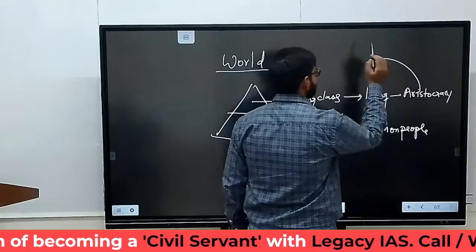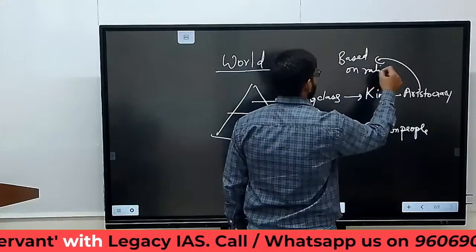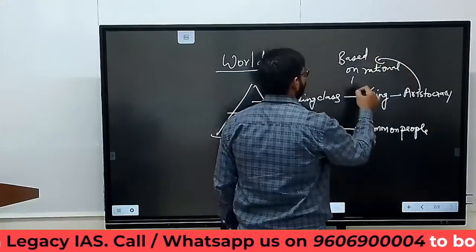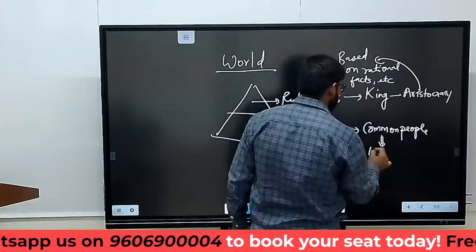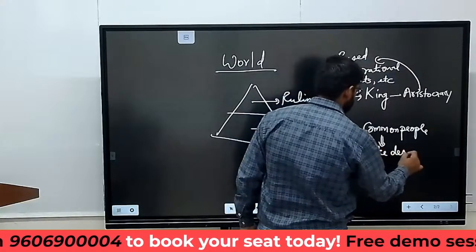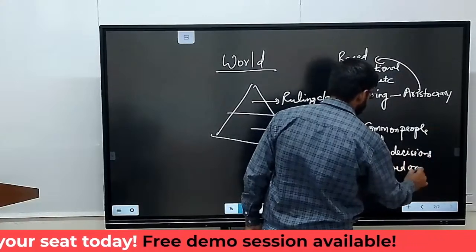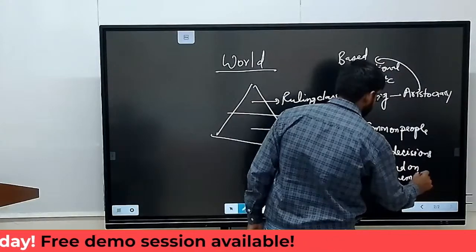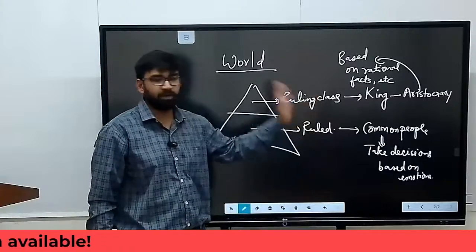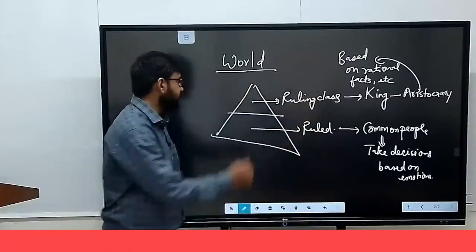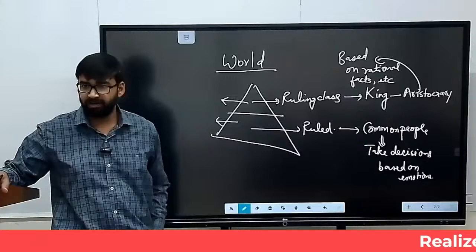The ruling class always takes decisions based on rational thinking, facts, etc. Common people take decisions based on emotions. Getting my point? This is the difference between ruling and ruled, and this has been there since the evolution of mankind.